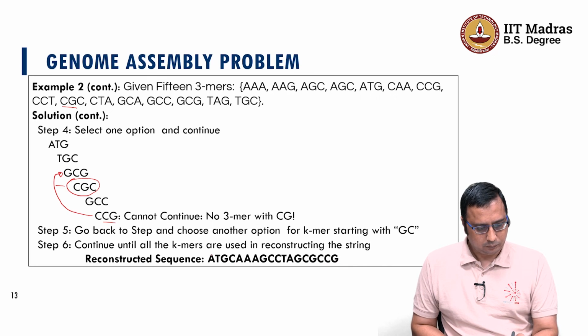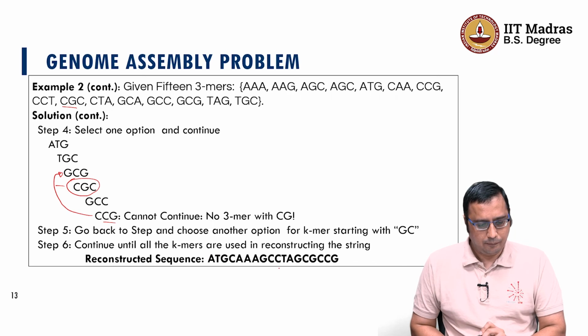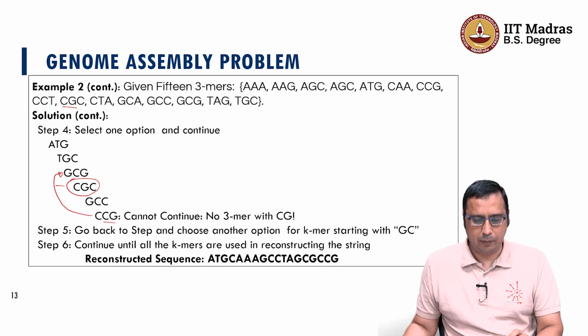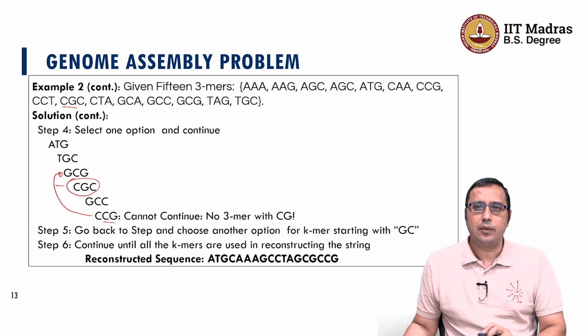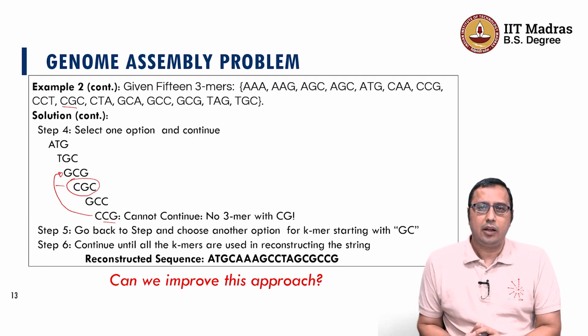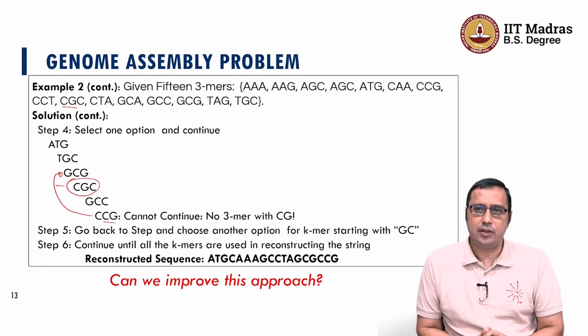We are close to it, but not really near to it. What we have to recall is that whenever there are multiple options, we have to go back and choose another option. The question is, we have a solution, but can we improve this approach?